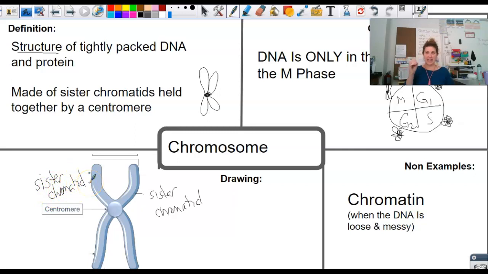This is still DNA. DNA is still in there. The DNA that we know, that double helix, is all inside here. It's just super tightly packed up and organized. So the chromosome structure is just taking the DNA and squishing it into an organized shape.